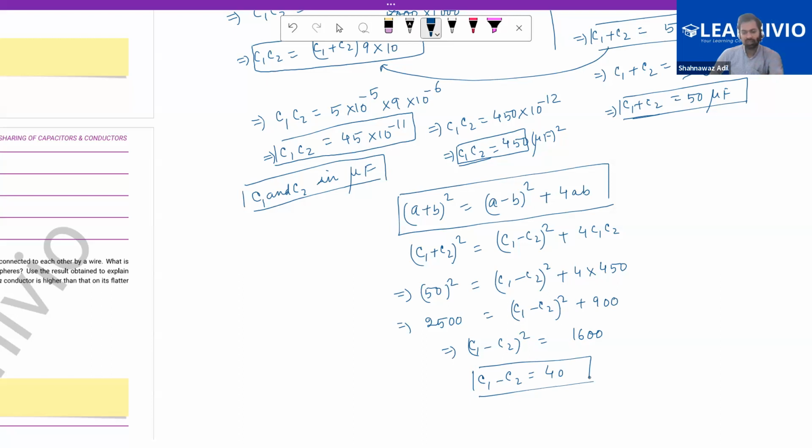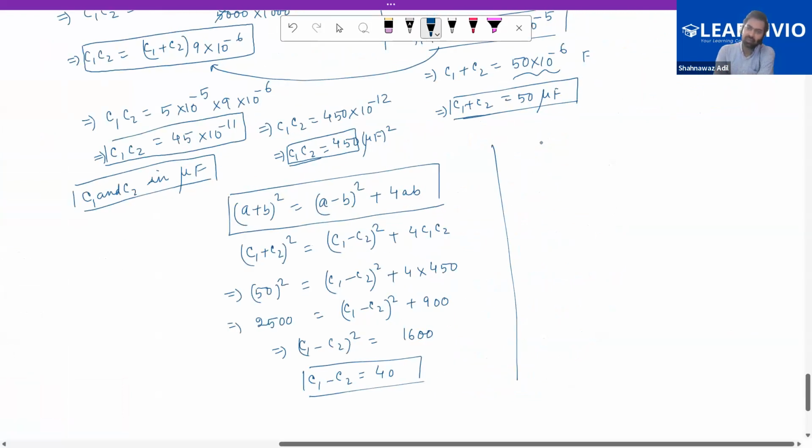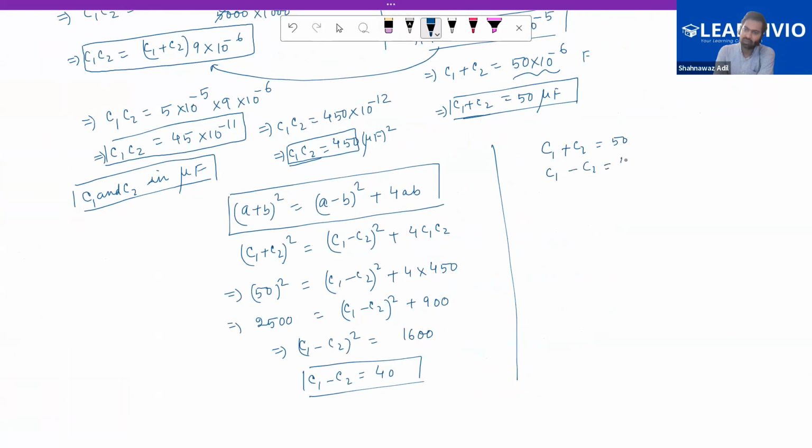Linear equation, 10th standard, linear equation in two variables. If you have x minus y, if you have x plus y, then you can solve this equation to find x and y, right? So we have C1 plus C2. We have C1 minus C2.